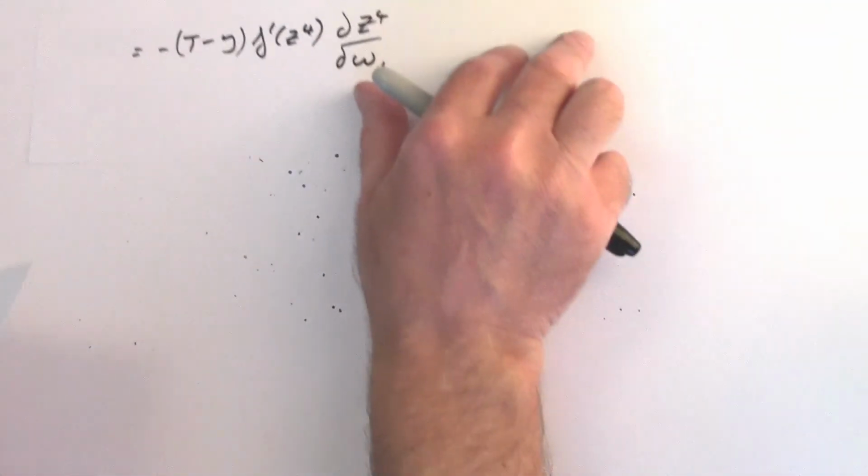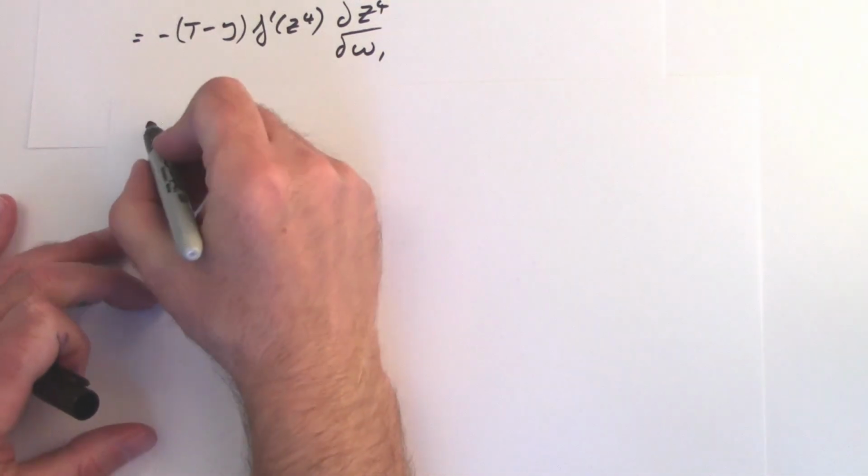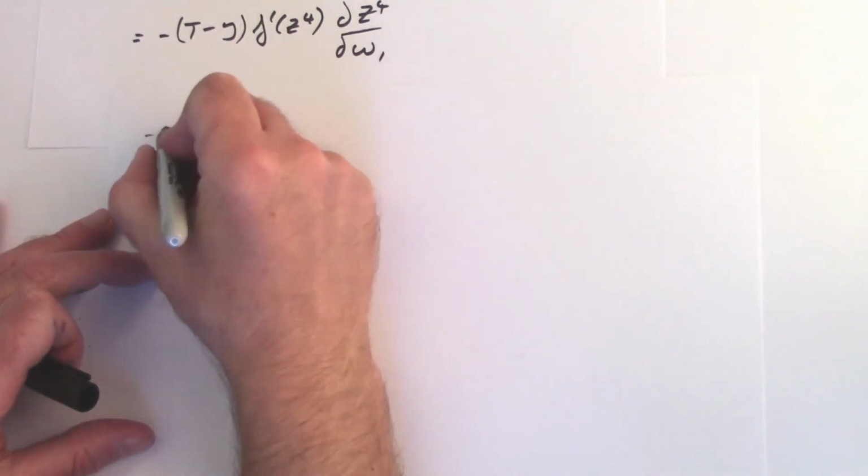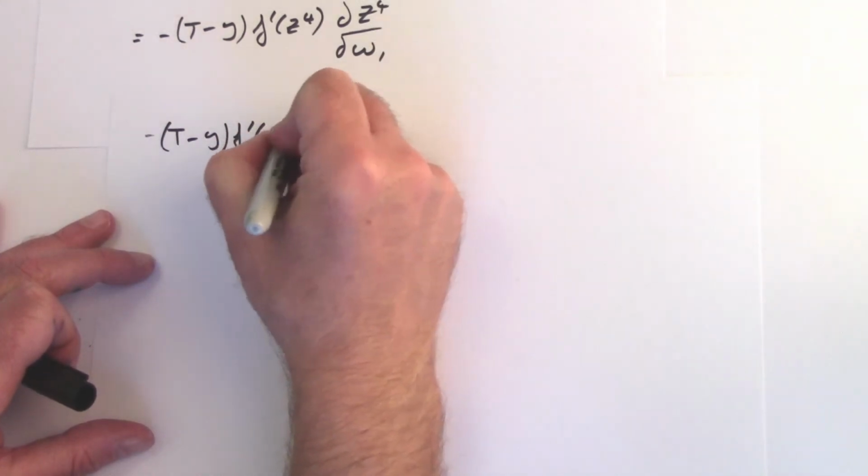Right, let's just move that up a bit. And so, let's have a look at this. Minus t minus y, function z4.